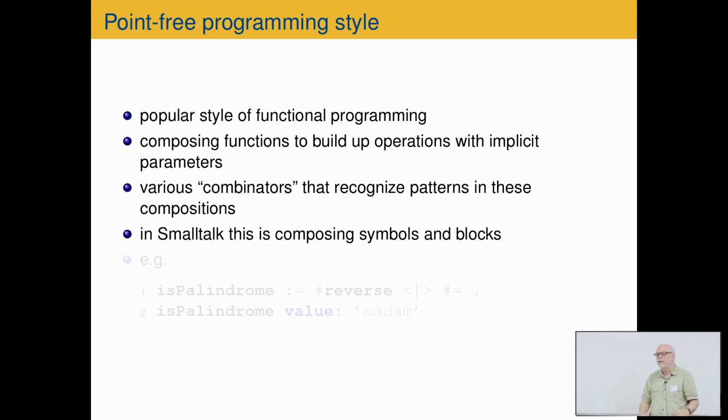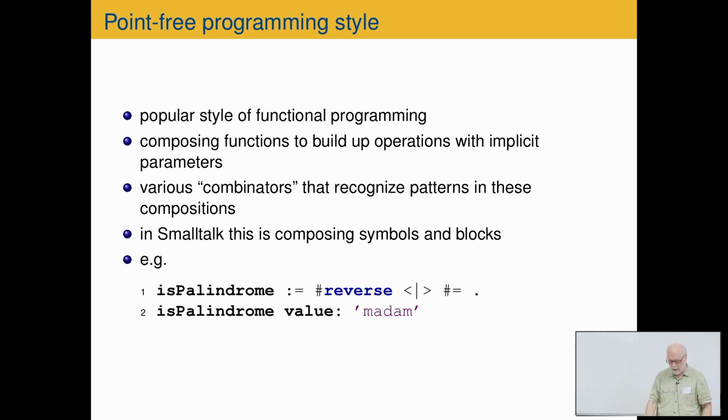In Smalltalk, the functions that we have are blocks and symbols. So I've generalized symbols somewhat to make this work better with those. So for example, this is a creation of a new function. The angle bar angle operation takes the left function, applies it to the argument once, and then uses the right function with the original value and the changed value.